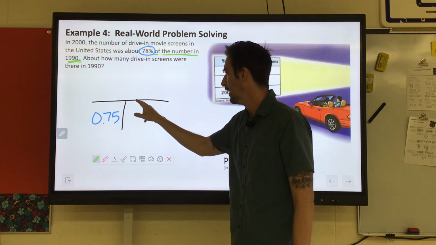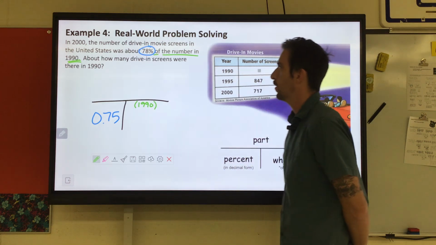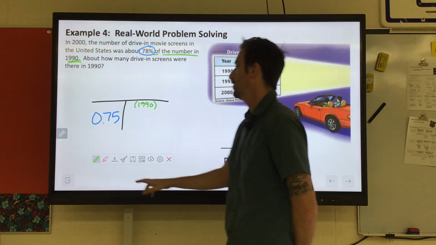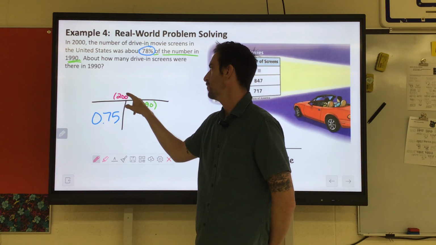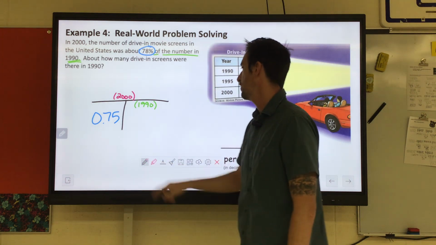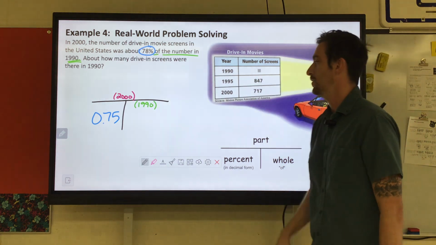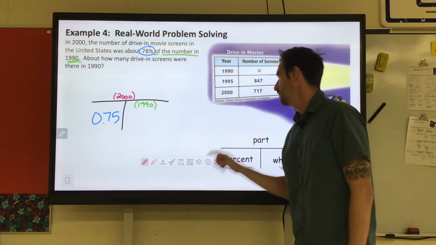So in 1990, that's going to be our whole. The other thing they're talking about is the year 2000, so that would obviously have to be our part. The whole is 1990. Let's look at the chart. They don't tell us what it was in 1990. That's our unknown, what we're trying to figure out. But 2000, they did give us.